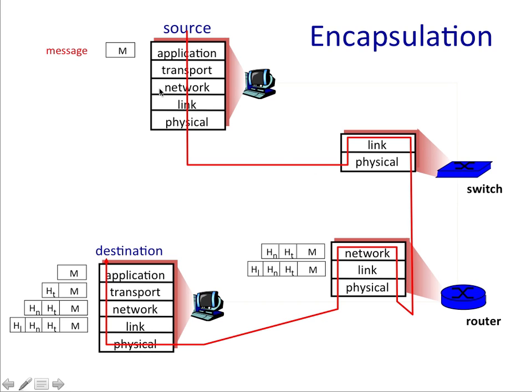For example, here. The network layer uses services provided by the link layer, and later in the course, we will learn about what those services are. And it provides services to the transport layer. That's how it works. You use services provided by the layer underneath you, and you provide services to the protocols that are above you.